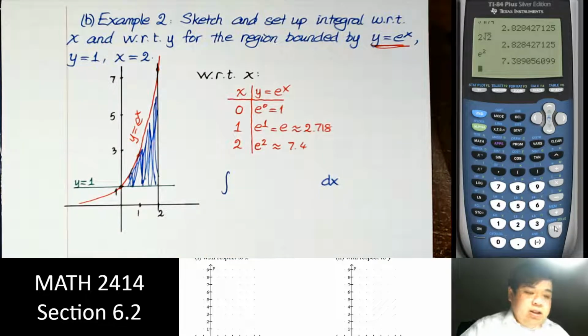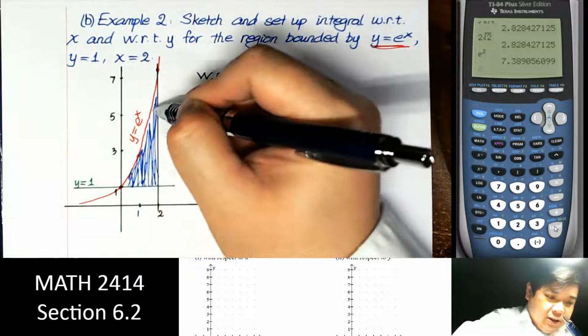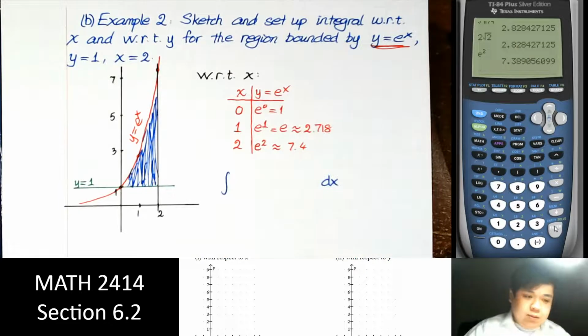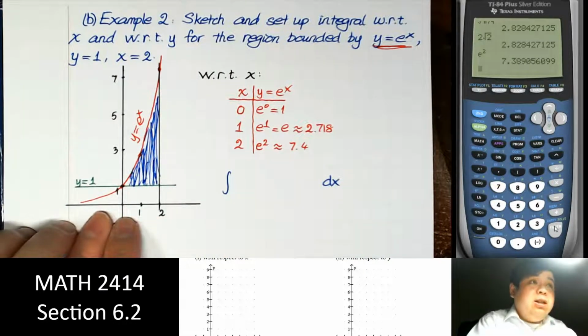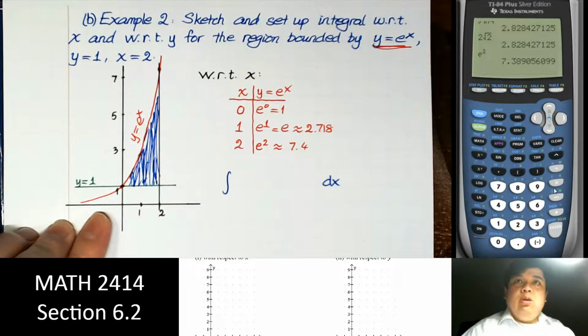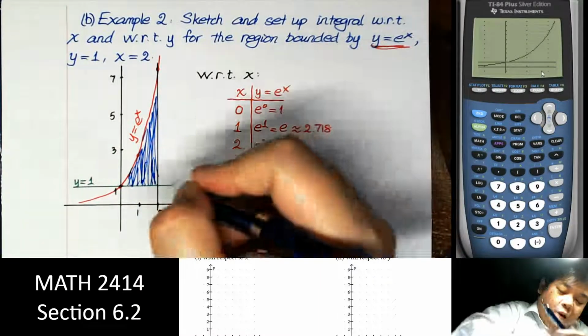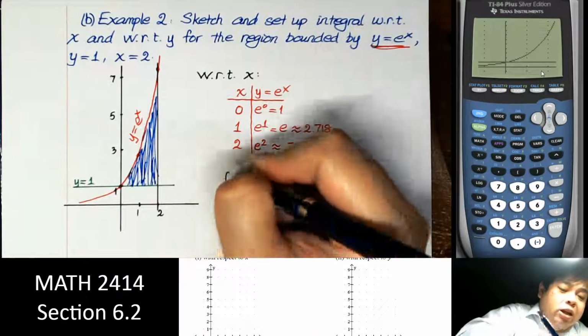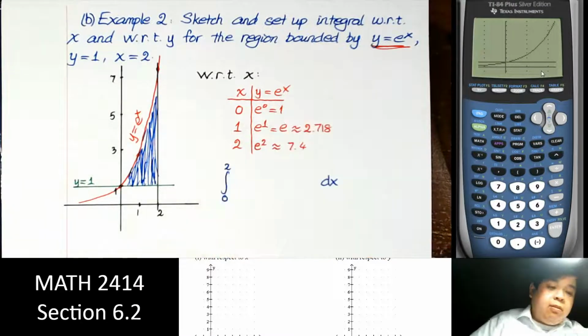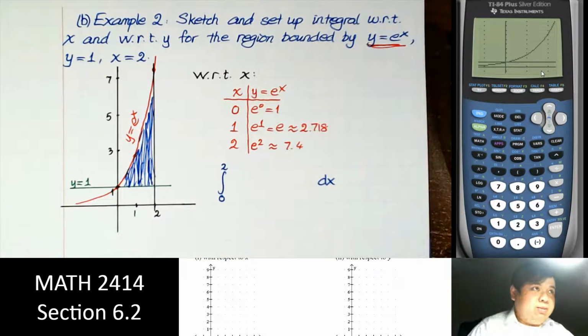And with that, the x limit is going from 0 to 2. Let's go back to the graph. Obviously, that's the limit for x, because we have dx. So the limit is usually easy to determine, especially when we have the graph.